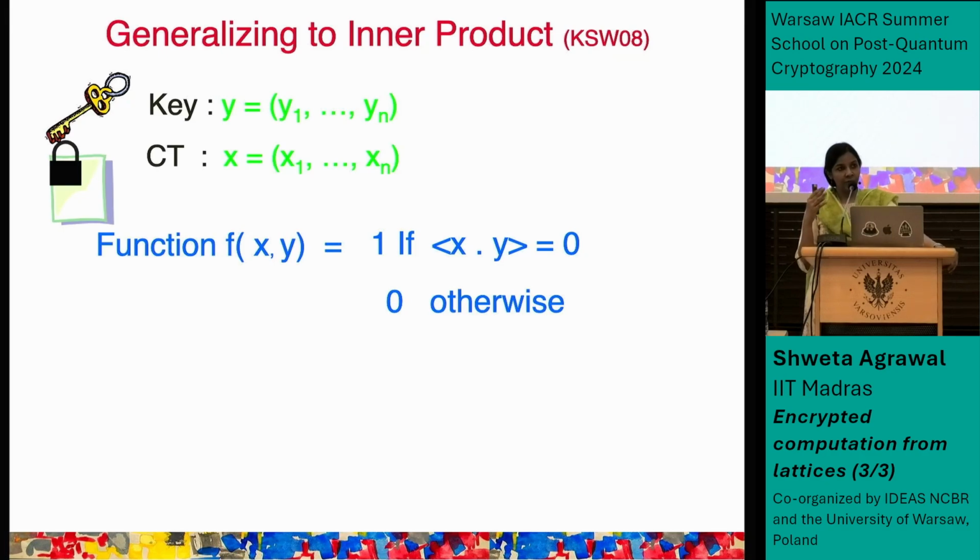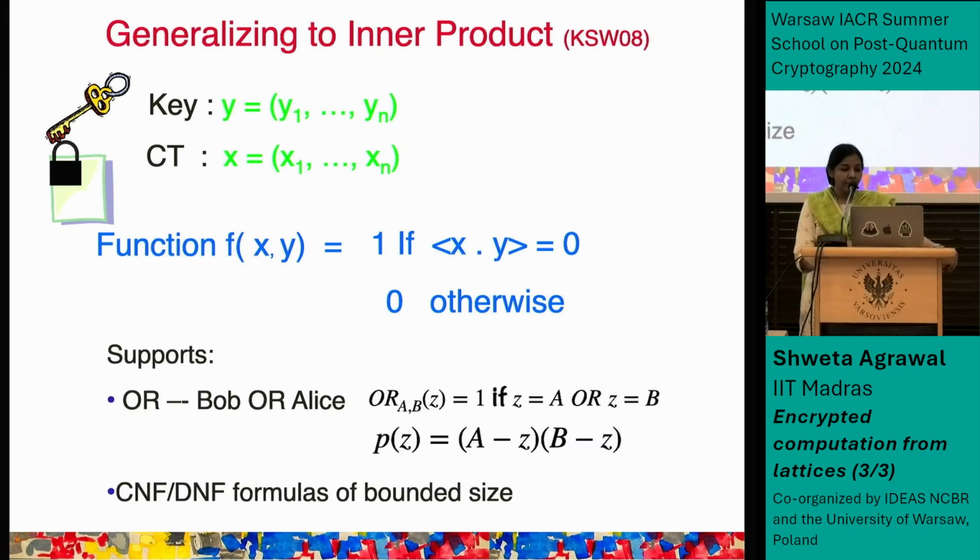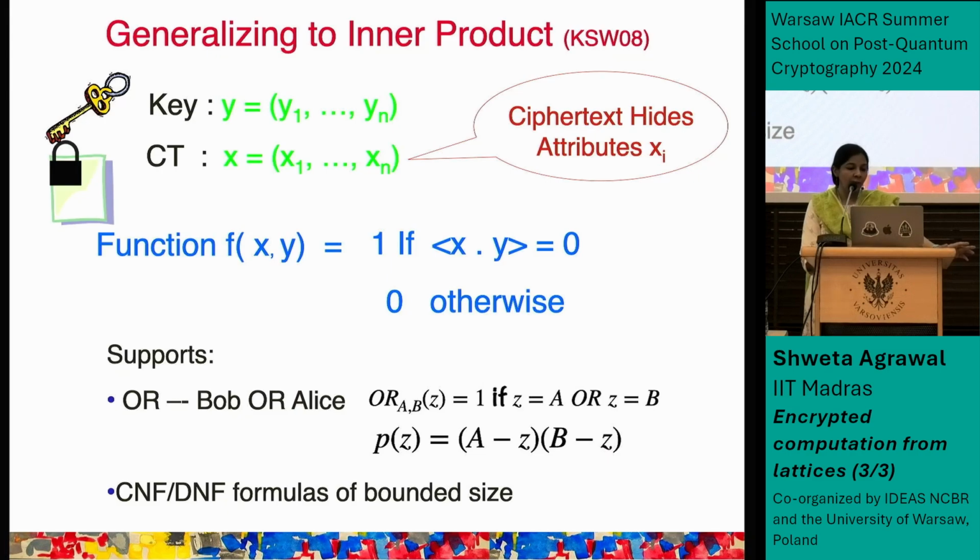We'll do it just for the inner product functionality. Here f is just a vector, and I'm just going to check if the vectors are orthogonal or not. Then we'll warm up and start handling multiplication, and then addition and multiplication together will allow us to handle all circuits. By the way, inner products are useful even in themselves, but we need not go there.